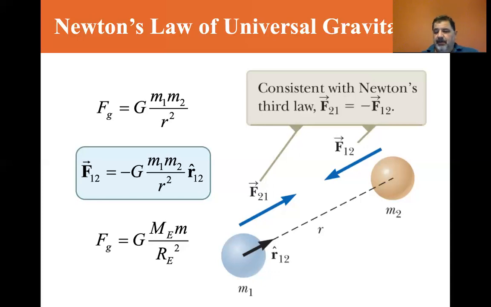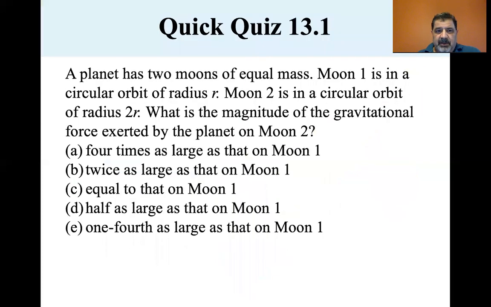All right, let's continue on. A planet has 2 moons of equal mass. Moon 1 is in a circular orbit of radius r. Moon 2 is in a circular orbit of radius 2r, so it's twice as far. What is the magnitude of the gravitational force exerted by the planet on Moon 2?